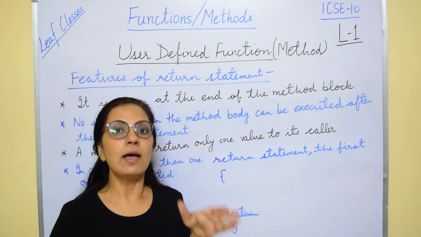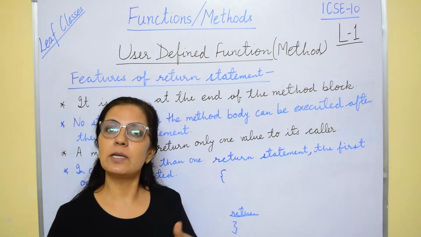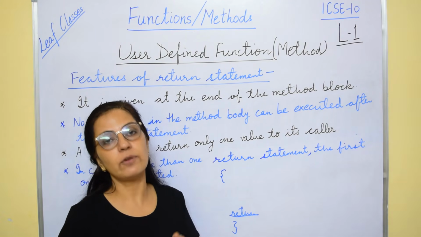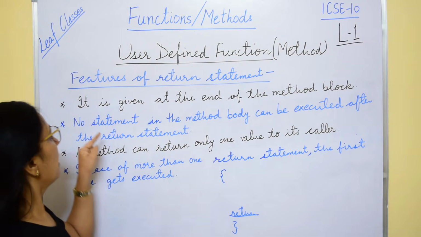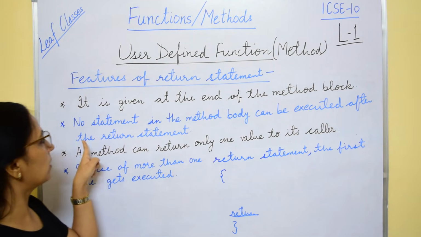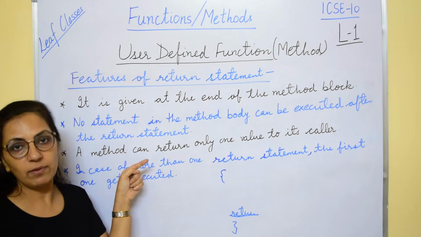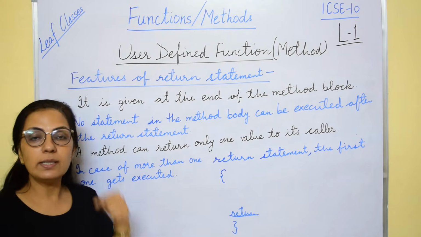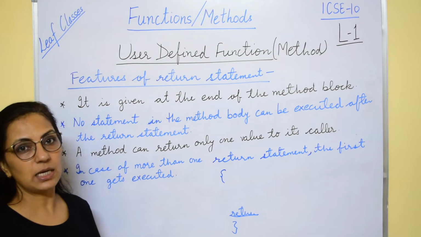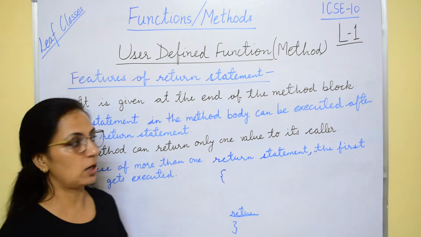If you give it, that will be the last statement to execute. After that, no other statement will be executed from your method block. No statement in the method body can be executed once you have given the return statement. Once the return statement is executed, even if you give 10 statements after that, those will not execute.